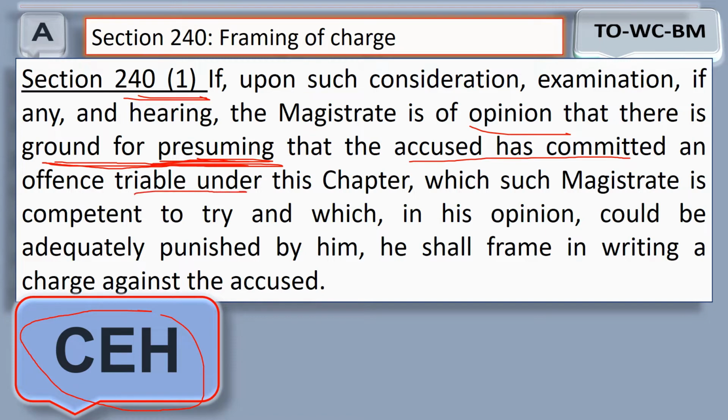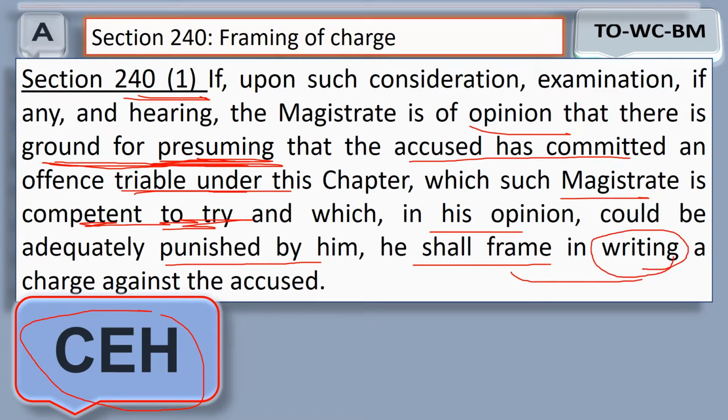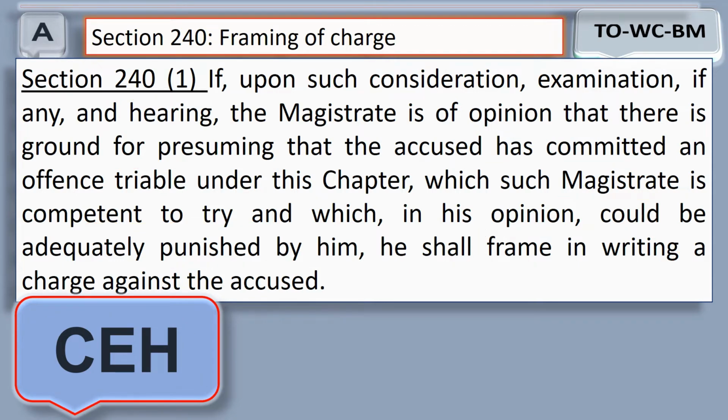So these are all the conditions to be fulfilled before we frame the charges: that it should be triable under this chapter, which such magistrate is competent to try, and in his opinion could be adequately punished by him, he shall frame in writing. So another important thing to note is that the framing shall be in writing. Frame in writing a charge against the accused.